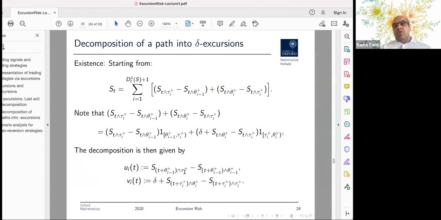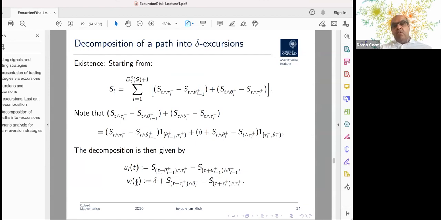U is, you start U from when S reaches B0, and then you run it until it reaches what we called theta I, and that's when you hit delta.